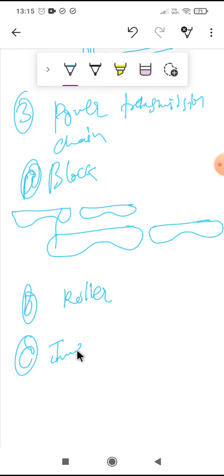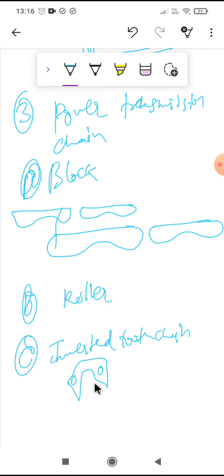It is the inverted tooth chain. You can also call it a silent chain, and the inverted tooth chain diagram will be in such a manner. This will be the diagram, and this will be the hole here.